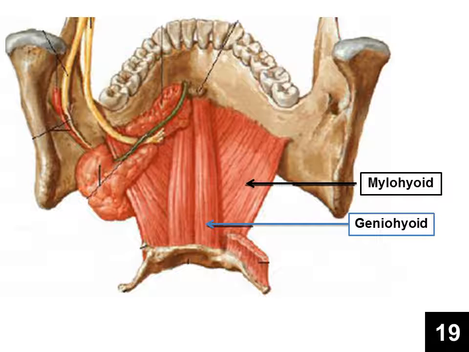First, the superior root of ansa cervicalis. Second, the nerve to geniohyoid, which supplies the geniohyoid. And third, the nerve to thyrohyoid, which supplies the thyrohyoid muscle.